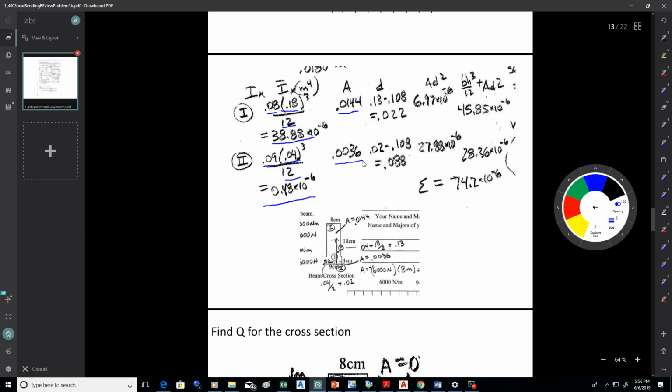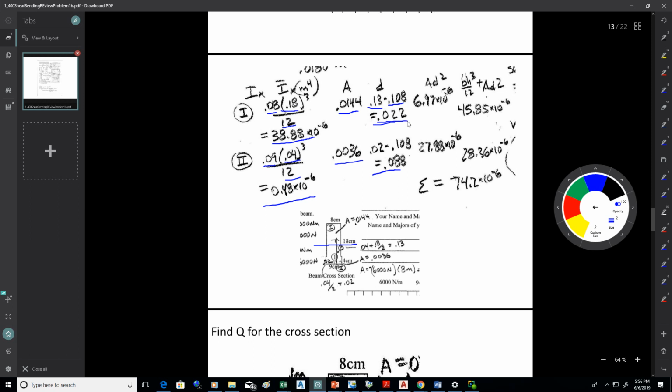Then you want the area times the offset distance between the neutral axis, which is right about here at 0.108, to the centroids of each of the shapes. Okay, so the top rectangle centroid is at 0.13. The neutral axis is at 0.108, so the difference is 0.022.